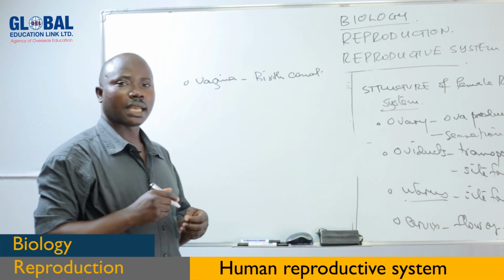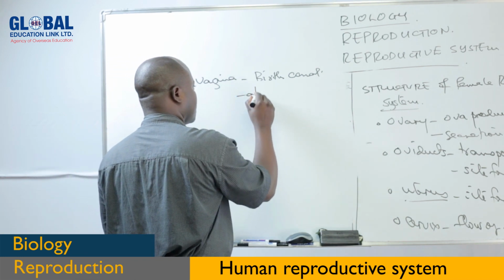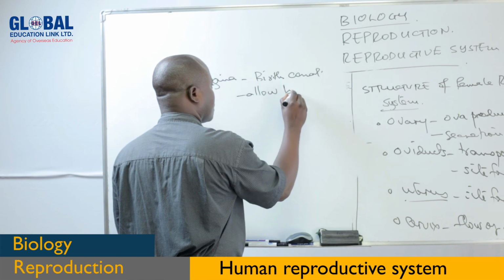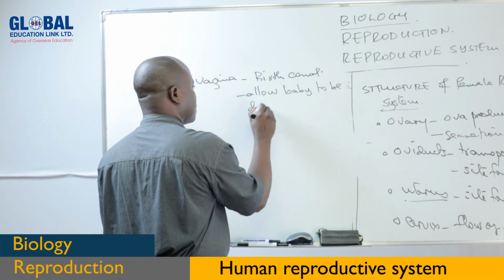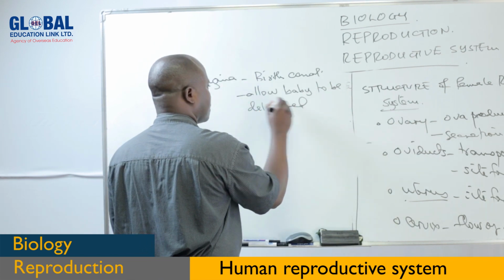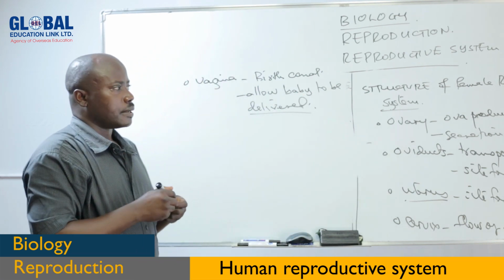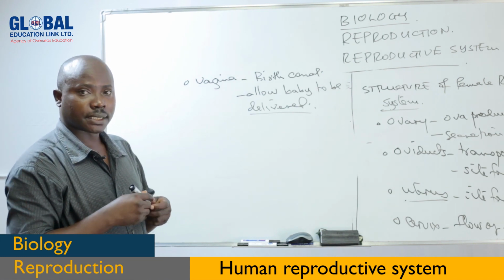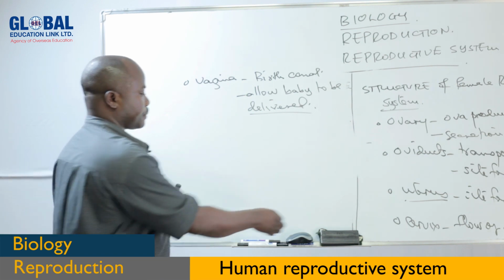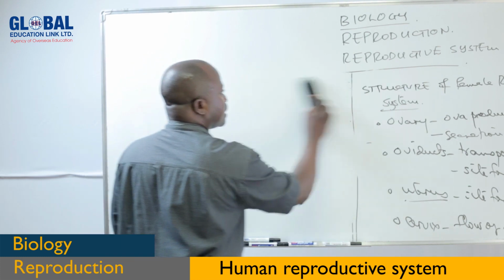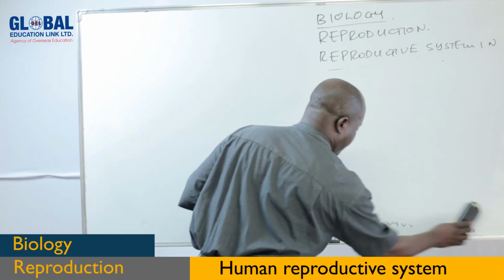It is the canal that allows the baby to be delivered out. These are major female reproductive parts, and these are the functions of each part. Let us see the male reproductive system, particularly the inner parts.